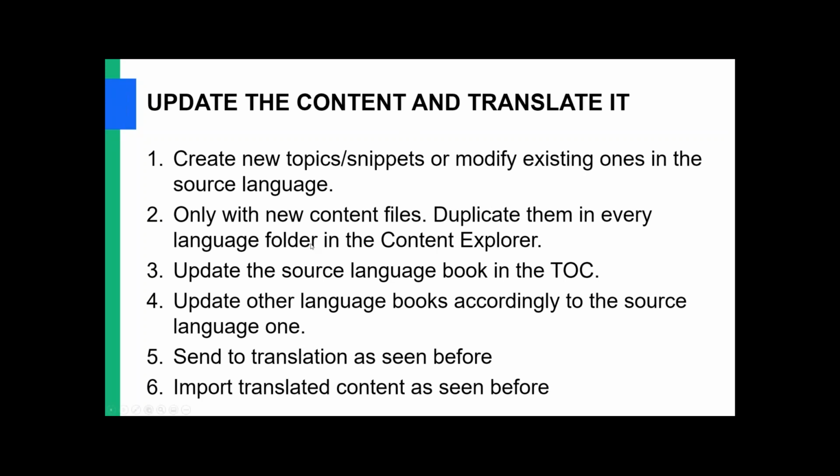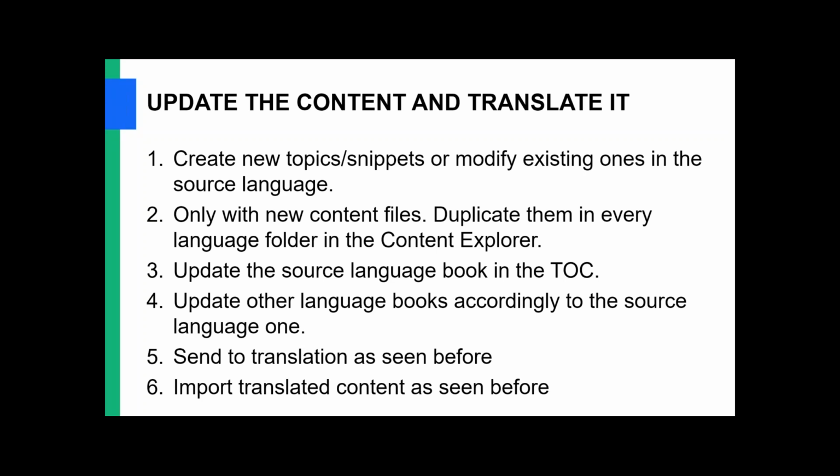Okay, if you need to update the content and translate it, what you must do in this scenario, you simply need to create the new topics and snippets or modify the existing ones in the source language. And only with the new content files, you just need to duplicate them in every language folder in the Content Explorer.